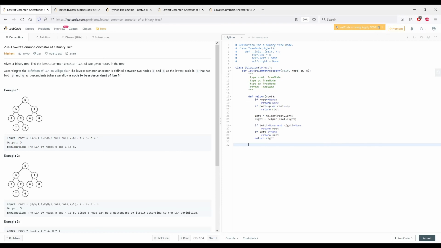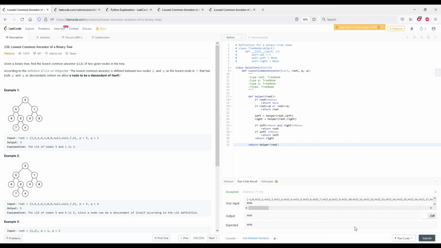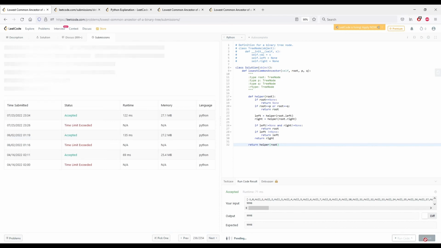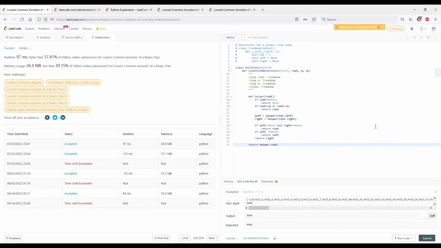So what we're going to do is return helper of root. Okay, now we're going to run. Looks good. I'll submit. Okay, great. Thanks for watching.